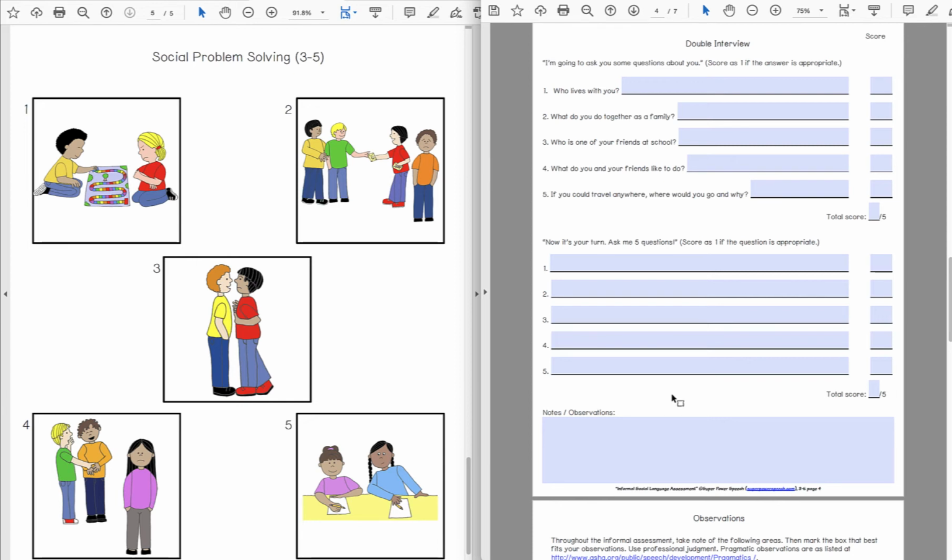Sometimes I have students that come up with creative and other fun questions that is really humorous and quite fun to engage in. And sometimes I have kids that maybe will ask me one question and then they're just stumped. They just can't think of any more questions. Or they'll ask me the same type of questions 5 ways.